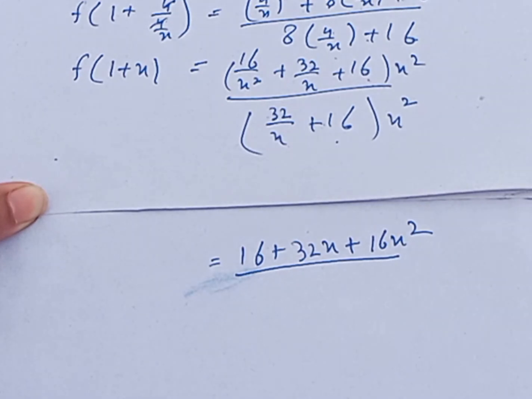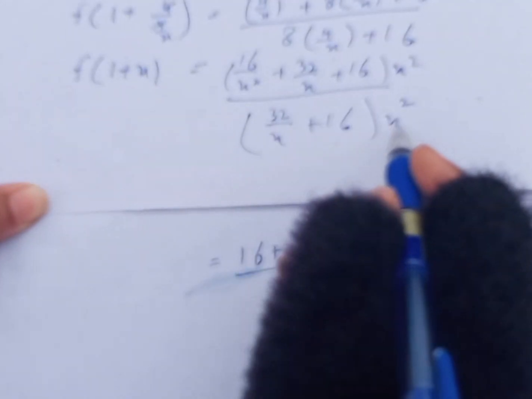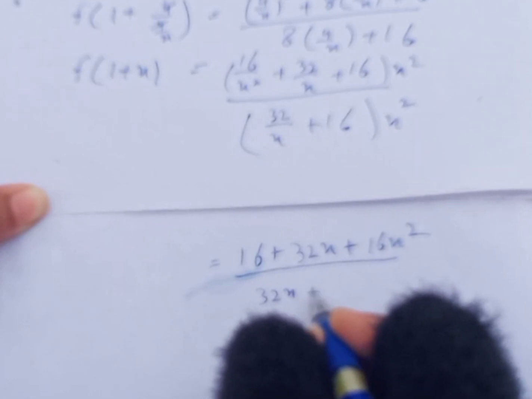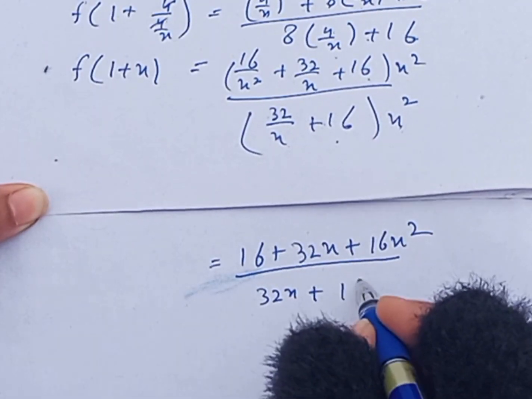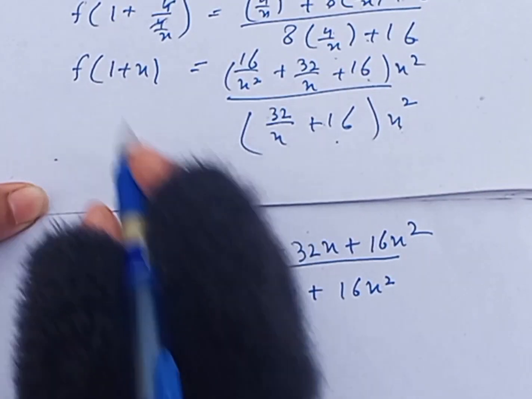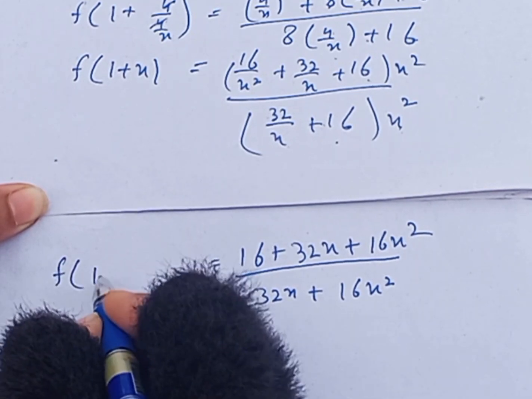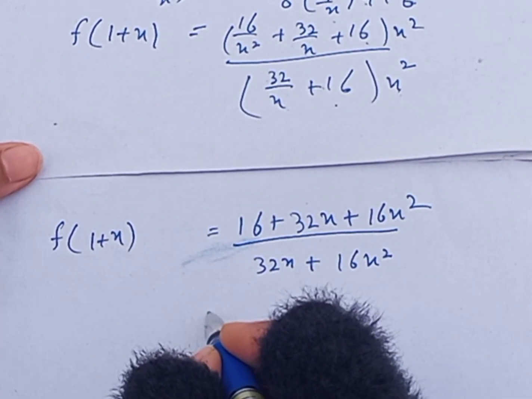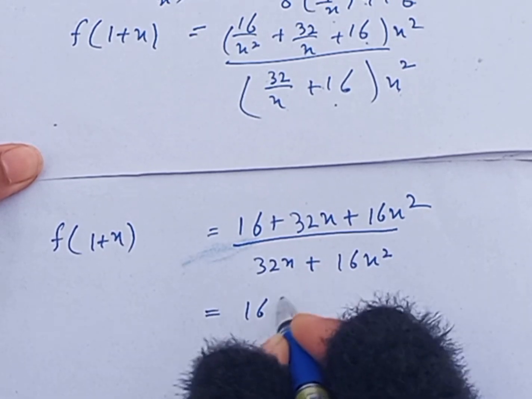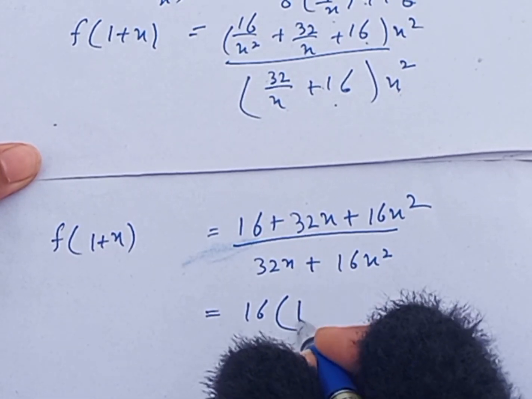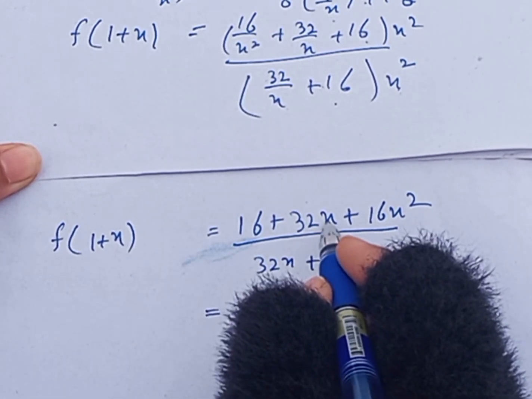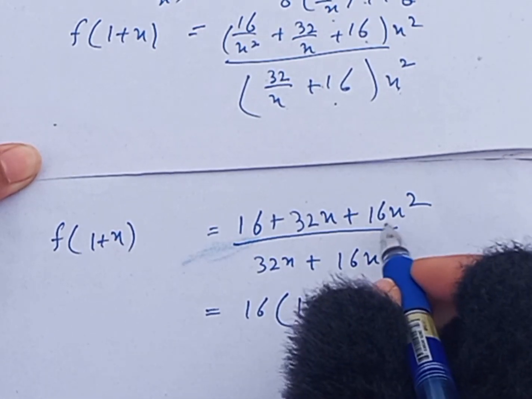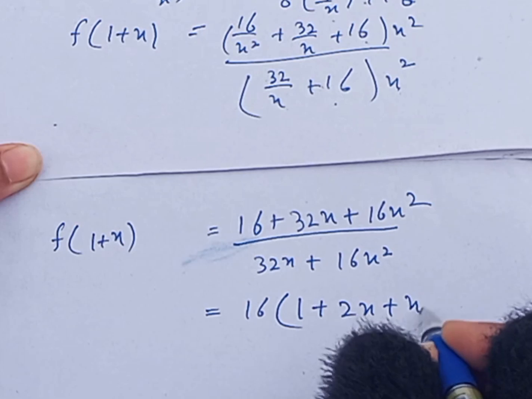Now look at the denominator, multiply x squared by this term, we just get 32x, plus multiply x squared by 16, we get 16x squared, and the left hand side is f of 1 plus x. 16 is involved in all terms, so we factor out 16, and this is 1 plus, dividing 32x by 16, we get 2x, plus dividing 16x squared by 16, we get x squared.